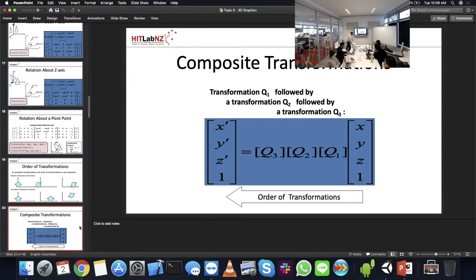So for example, if we are starting from a point 0, operation 1 is move right 3, and then operation 2 is move up 1. That will actually give us the same result as if we do these operations the other way: we move up 1 and then we move right 3. So reverse those operations.